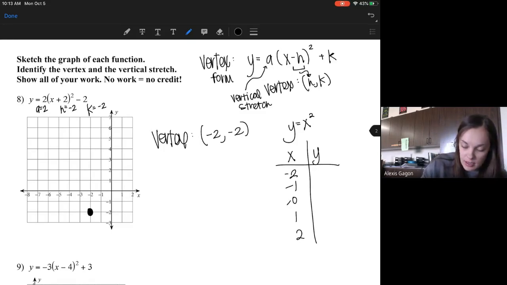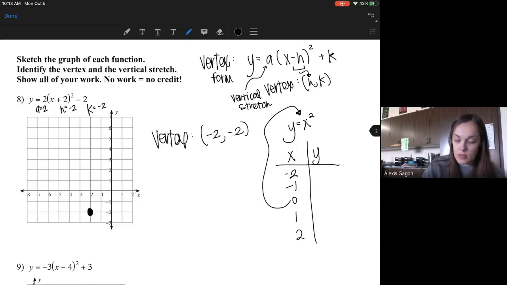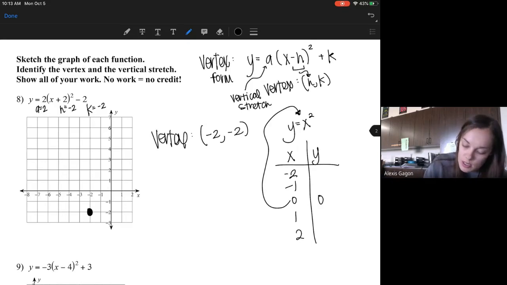If I plug in 0, well, 0 squared is 0, so that means the y is 0. If I plugged in 1, 1 squared is 1. -1 squared is also 1. 2 squared is 4, and -2 squared is also 4. This table right here will not change. So this always stays this way.